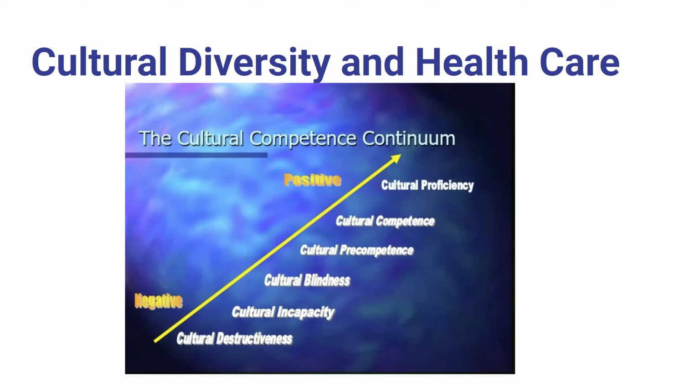So this is the cultural competence continuum. And as you can see, the first ones are a bit negative in the sense of effectiveness and ability to work with individuals of different cultural makeups. It starts with cultural destructiveness. That's the individual who will look down upon the differences.